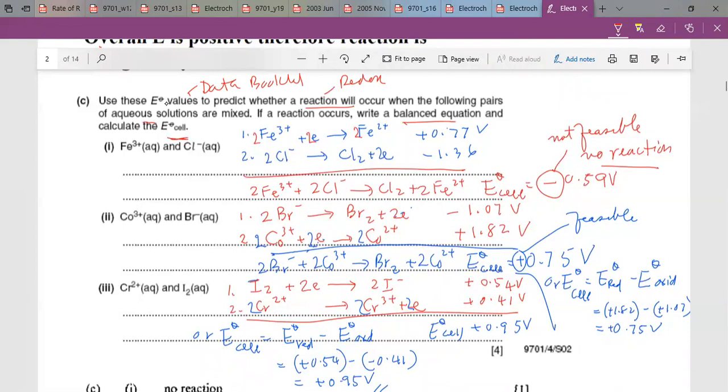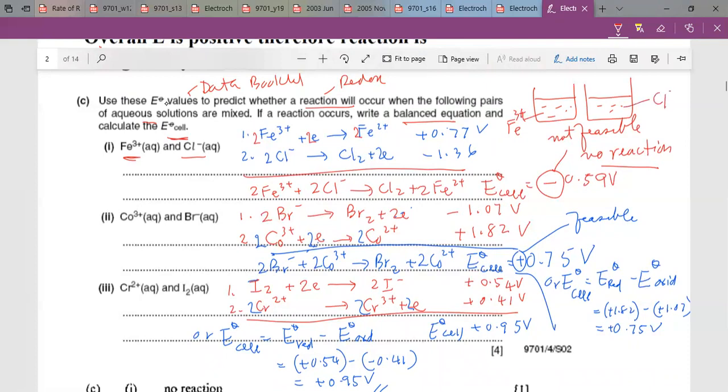Now, Fe3+ you mix with chloride, Cl minus. Imagine you have two solutions here. Here's your Fe3+, no Fe2+ and no Fe, only Fe3+, iron(III) chloride.